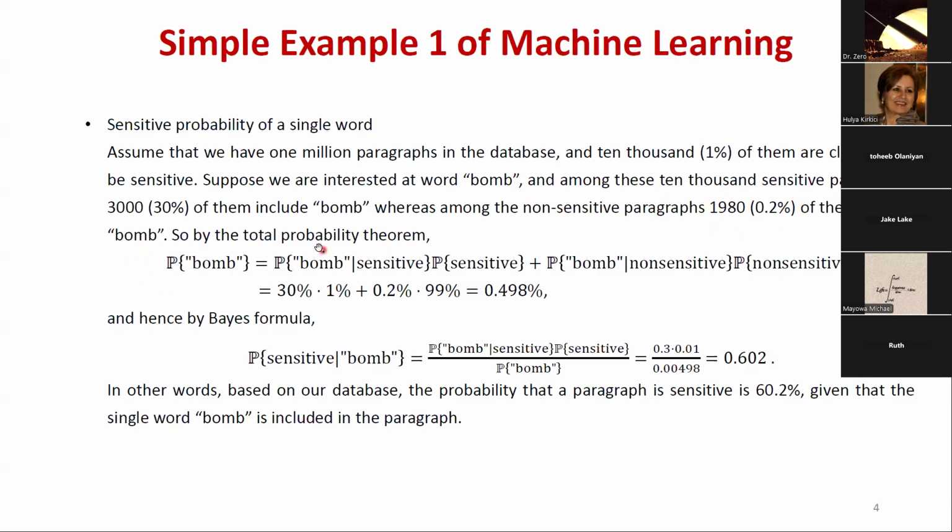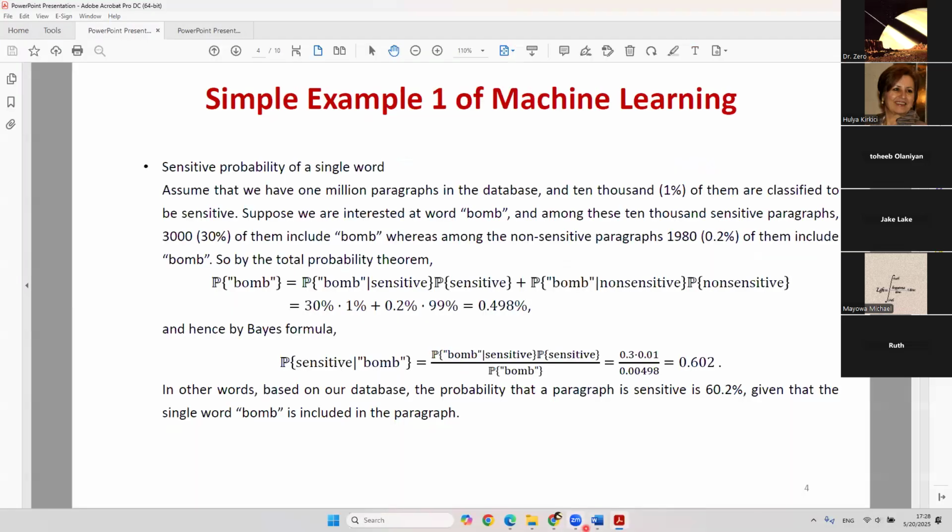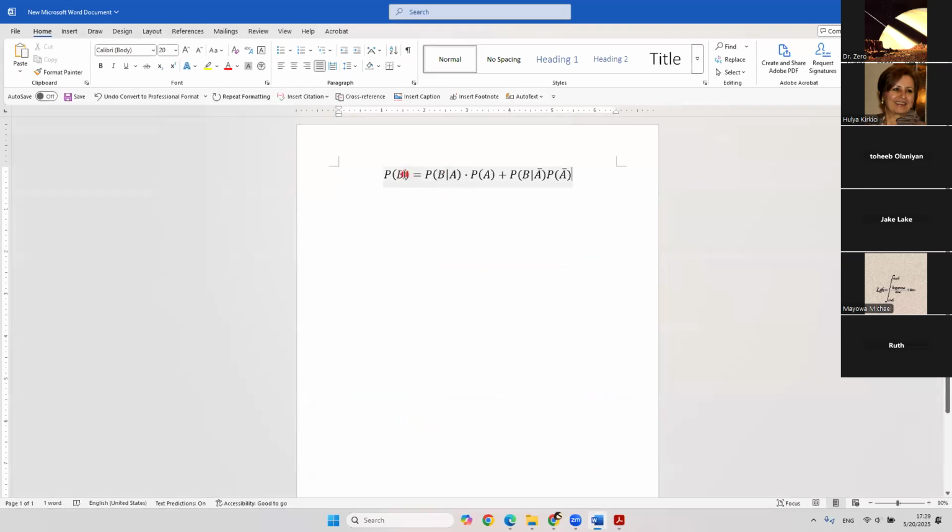So we can use the total probability theorem, which was just introduced, to calculate the probability of bomb. Probability of bomb equals probability of bomb given sensitive times probability of sensitive, plus probability of bomb given non-sensitive times probability of non-sensitive. Remember the formula here: B means bomb, A means, or I can write S, S means sensitive, and S bar means non-sensitive. So it will be exactly the same.